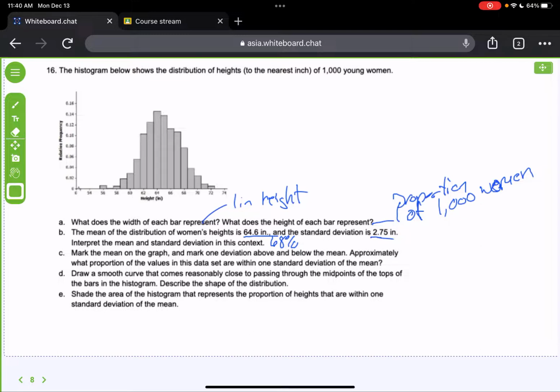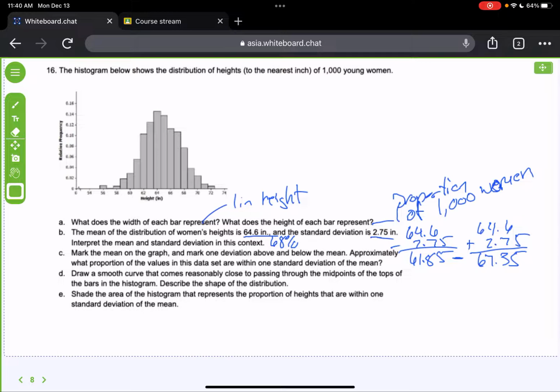The interval is simply 64.6 minus 2.75 and 64.6 plus 2.75. That is 61.85 and 67.35. So 68% fall between this range.